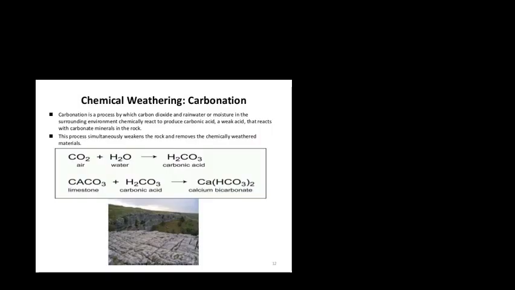Now the next is the process of carbonation. So what happens is that mineral constituents of the rocks, when they come in contact with water dissolved with carbon dioxide, it has an acidic effect on the rocks. So carbonation refers to the absorption of carbon dioxide from the atmosphere by minerals present in the rocks.